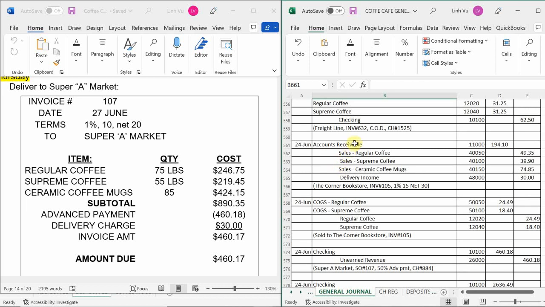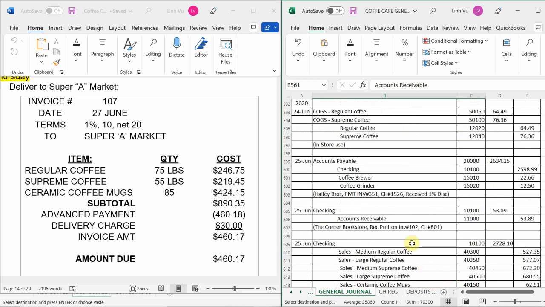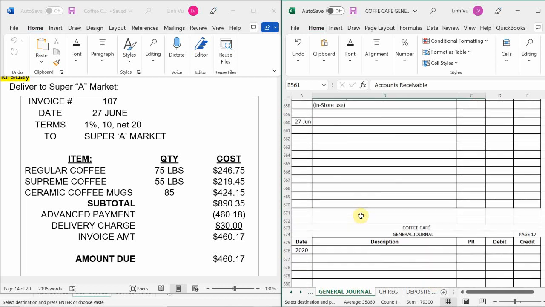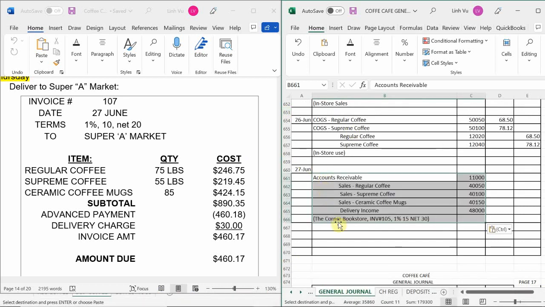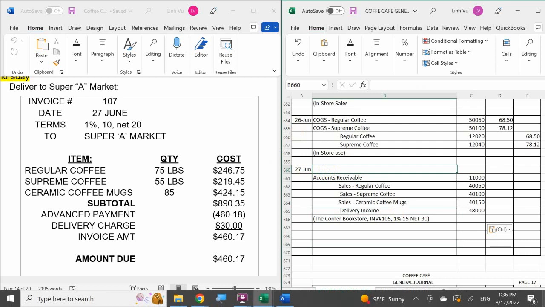So the sales ones. There we go. That one, yeah. Okay, so definitely not enough space to do the cost of goods sold here, so we'll have to split it up, but that's okay. But we will need to.